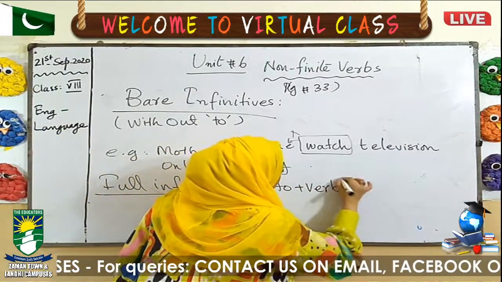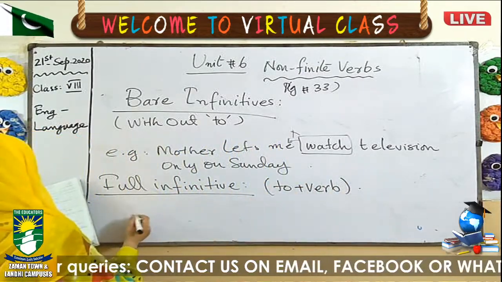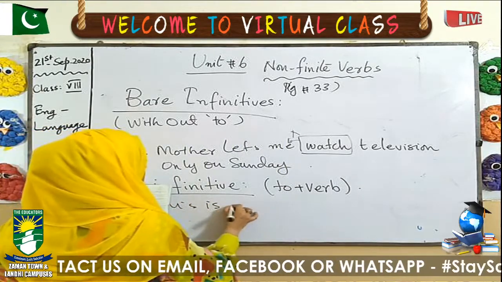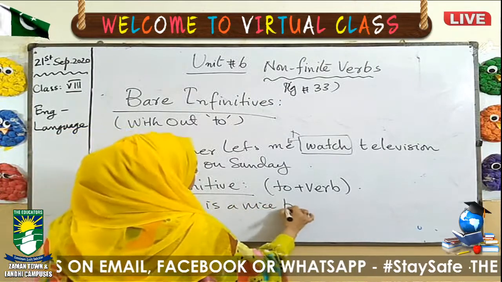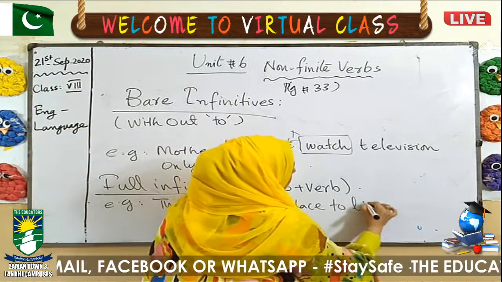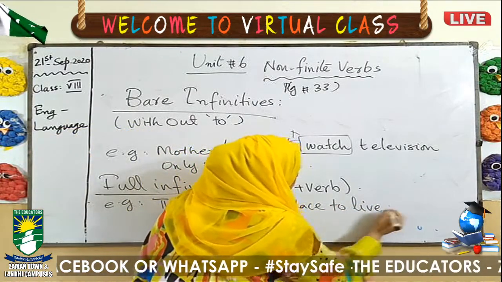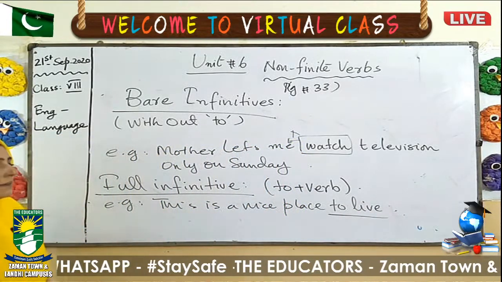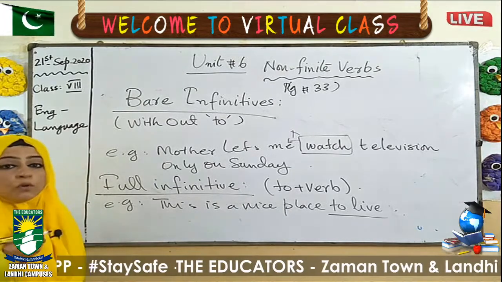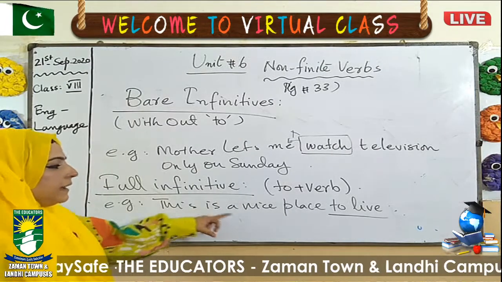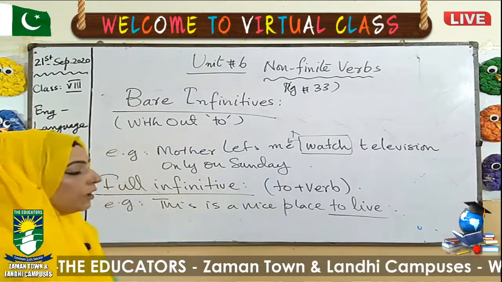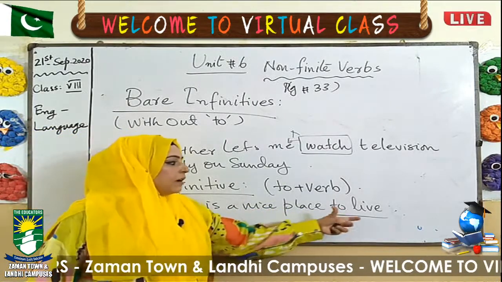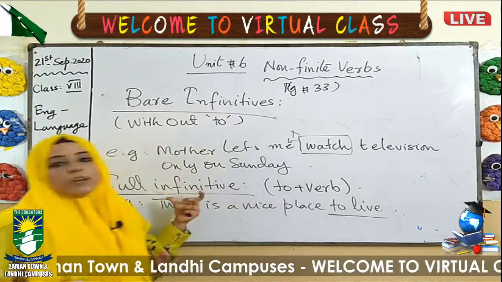To plus verb. Like this: this is a nice place to live. So full infinitive means in the sentence you have the word to with the verb. Here, this is a nice place, and what's the verb here? Live. And before this we have to. So it would be verb with to, full infinitive.